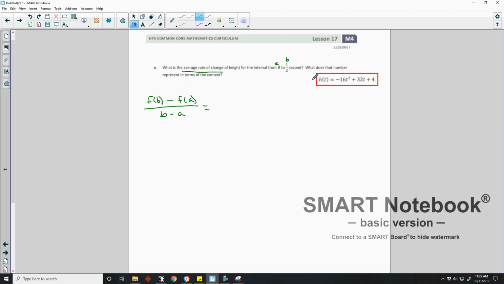Okay, so I'm going to take this function with 1/2 substituted into it. So it's going to be, let me use parentheses, negative 16 with 1/2 substituted in for t, plus 32 with 1/2 substituted in for t, plus 4.